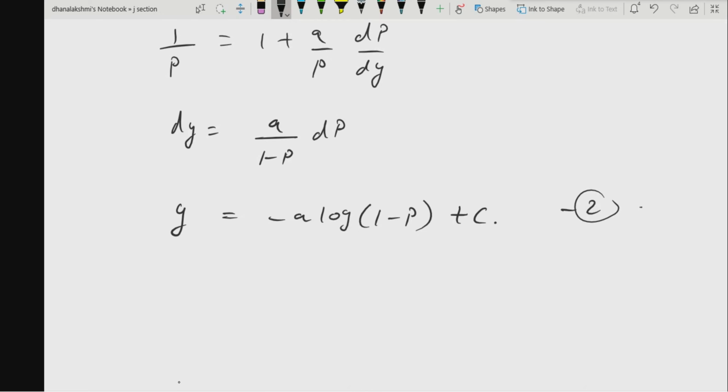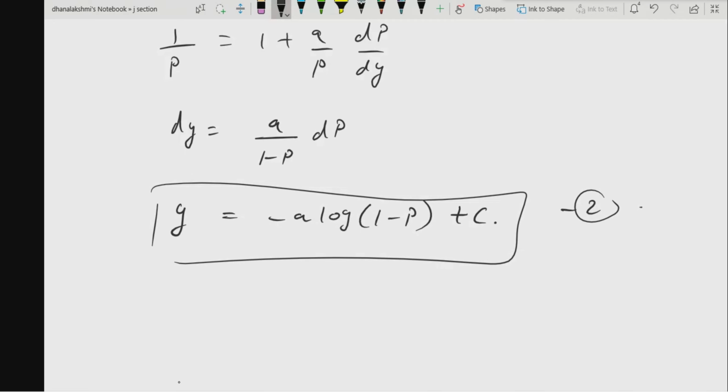What will be p? p will be something in terms of e to the power something. Is it or not? Yes, ma'am. So that also you can do, or else you can substitute this y value in the given equation. Suppose you are not able to find p, if you are not able to solve it, this will be one part of the solution. You put this y in 1. That also you can do.